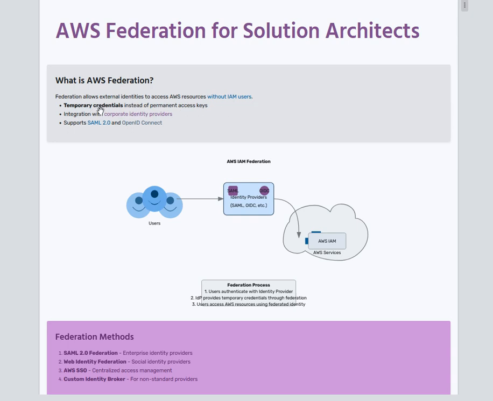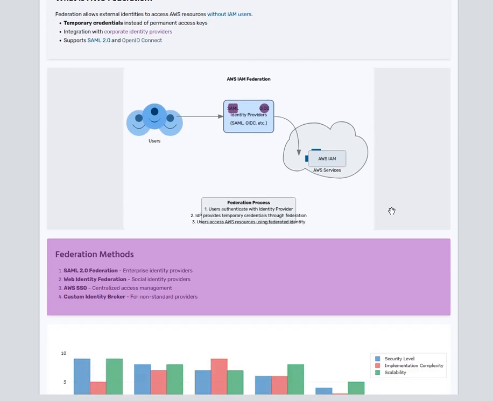You get temporary credentials instead of permanent access keys. You will be given temporary credentials each time you log in. It integrates with corporate identity providers, a lot of identity providers, and it supports SAML 2.0 and OpenID Connect. I explained this in the previous slides.